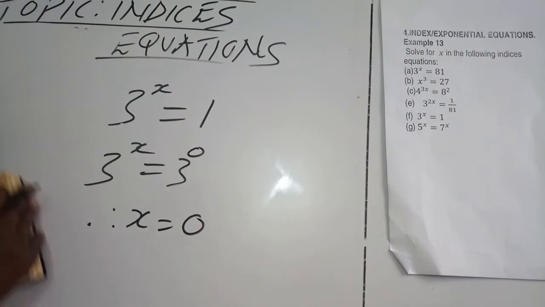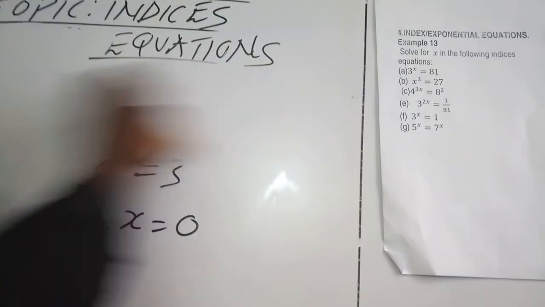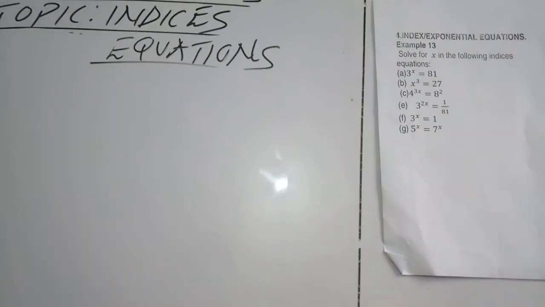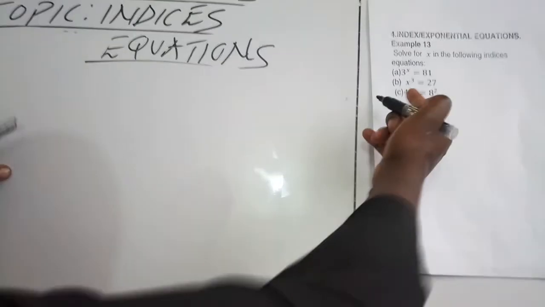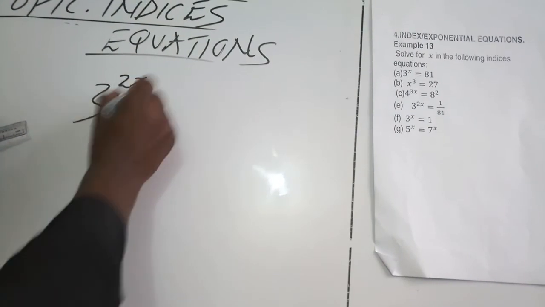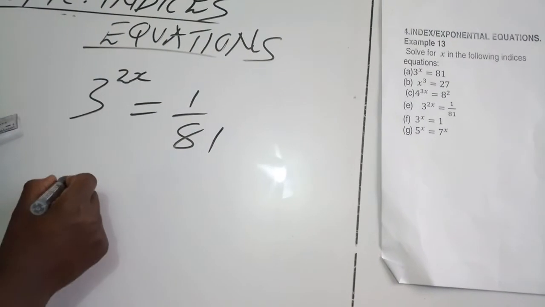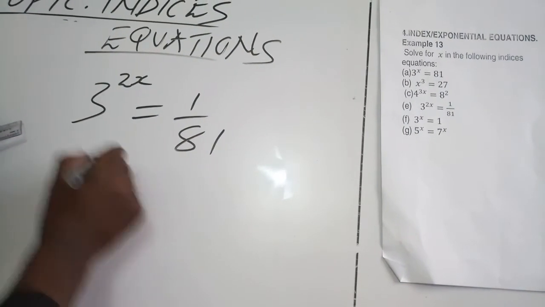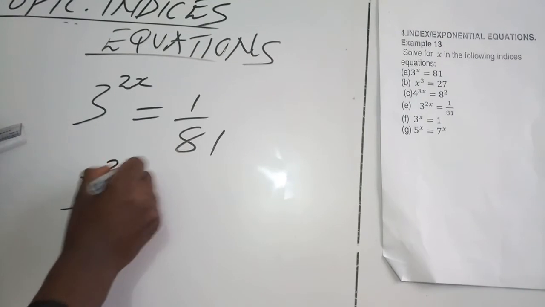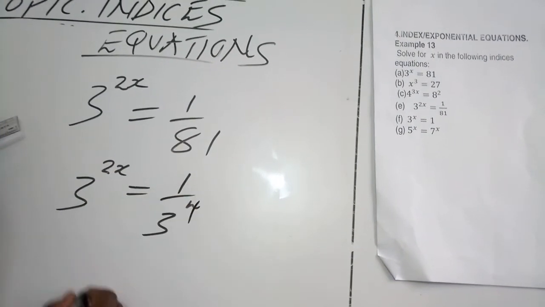Two more equations. Just trying to conclude, but I'll make sure I exhaust every possible form of equations. Now, we go to this equation here. We have 3 power 2x is equal to 1 over 81. We want to solve this equation, 3 power 2x being equal to 1 over 3 power 4.